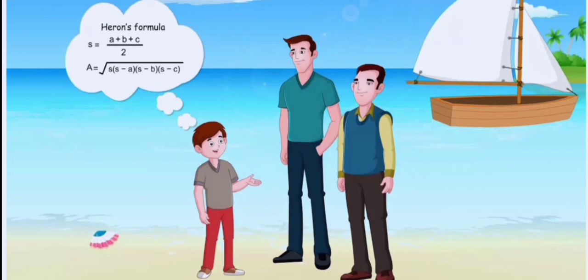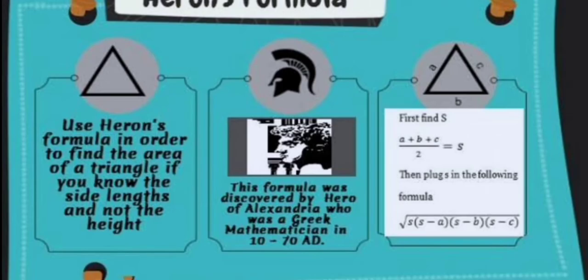Now, using Heron's formula and the semi perimeter, we can find the area of the triangle by the formula: square root of s into (s minus A) into (s minus B) into (s minus C).